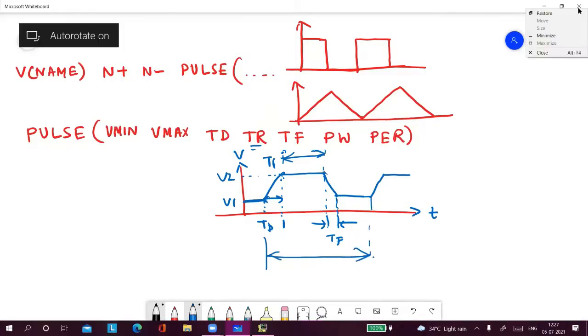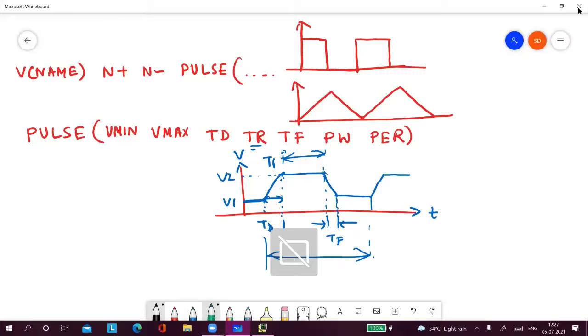This one to this one is the delay time. This to this is the rise time. This point to this point is the pulse width, and this point to this point is the total period. Okay, let us generate this waveform in Spice.